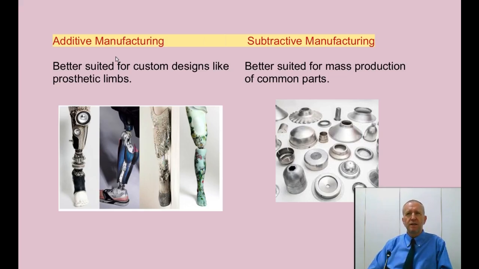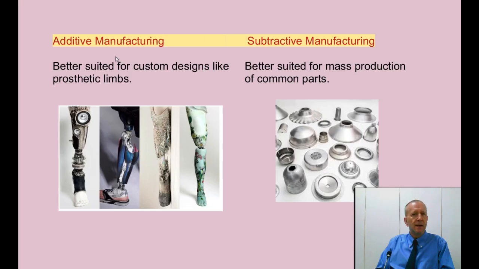Additive manufacturing is best suited for custom designs, and that's what I was talking about earlier. Special circumstances, special situations. The aerospace industry, jets and airlines need very particular parts for their machines, very unique, not the same, different.